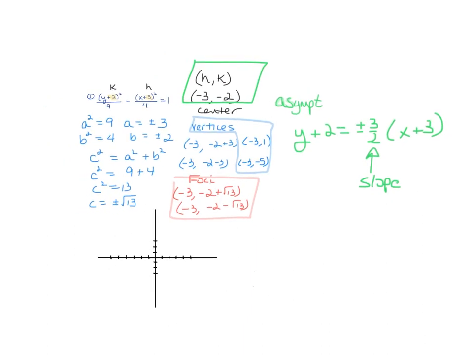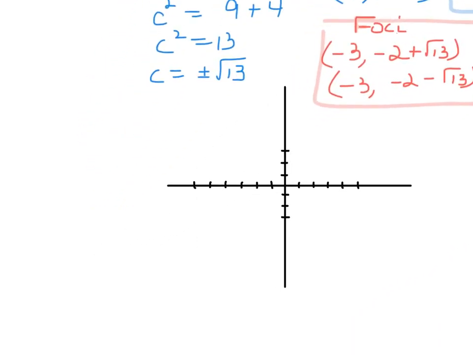So I'm going to graph the center, which is at -3, -2. And then from there, I'm going to rise 3 and run 2. And then I can also go down 3 and get more points on here.